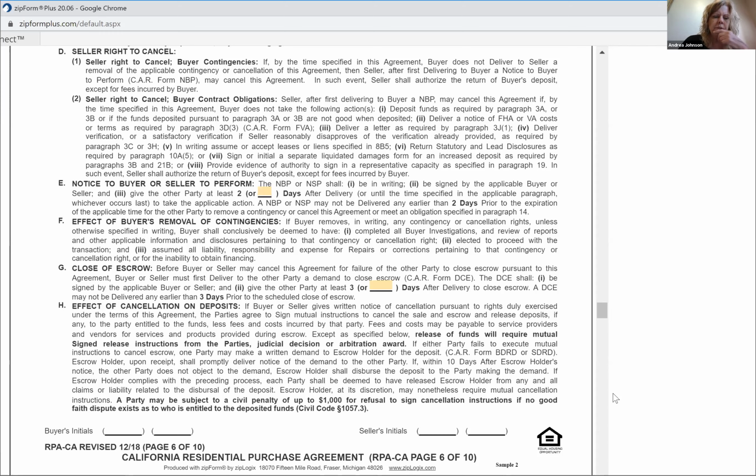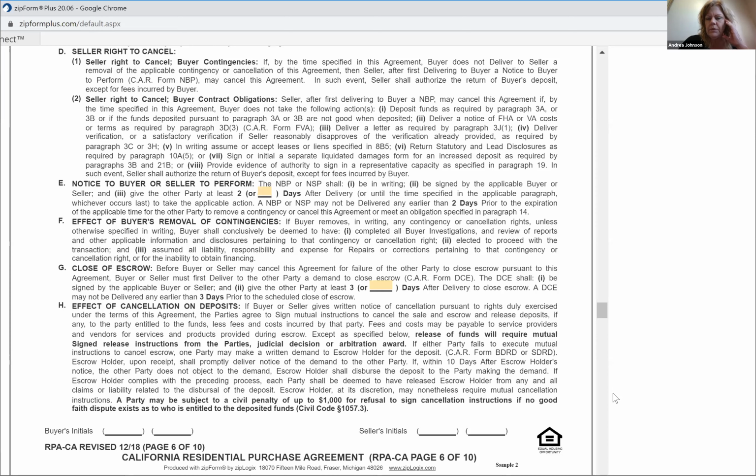Okay, so let's talk about the effect of buyer's removal of contingencies. If the buyer removes in writing any contingency or cancellation rights, unless otherwise specified in writing, buyer shall conclusively be deemed to have completed all buyer investigations, review of reports and other applicable information, and disclosures pertaining to that contingency or cancellation right.